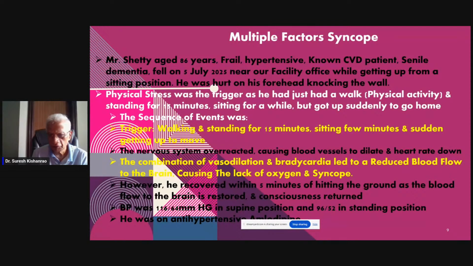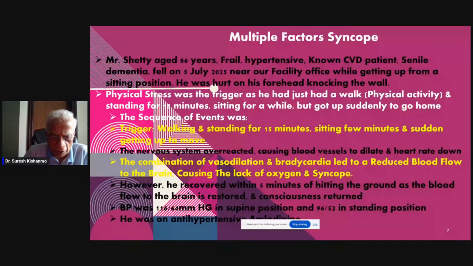However, he recovered within 5 minutes of hitting the ground, as the blood flow to the brain was restored and consciousness returned. On my examination, nearly 10 minutes later, the blood pressure was 116 by 64 in supine position and 96 by 52 in standing position.